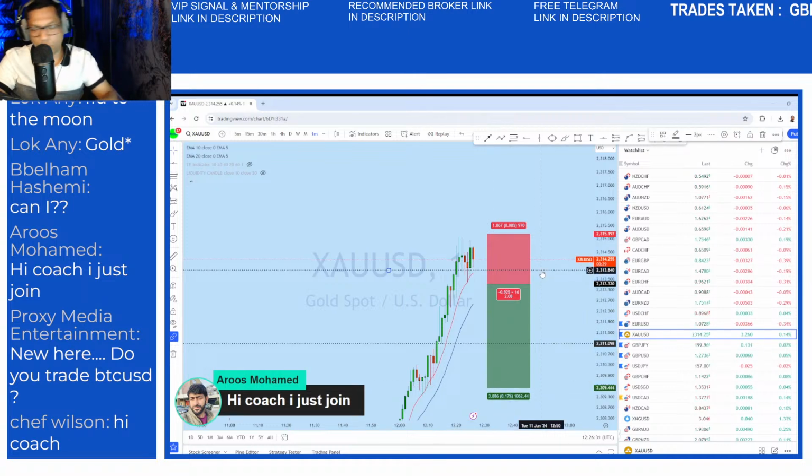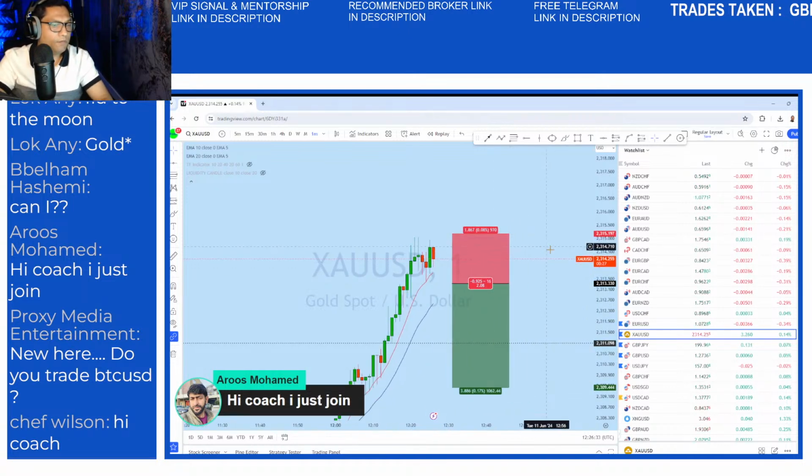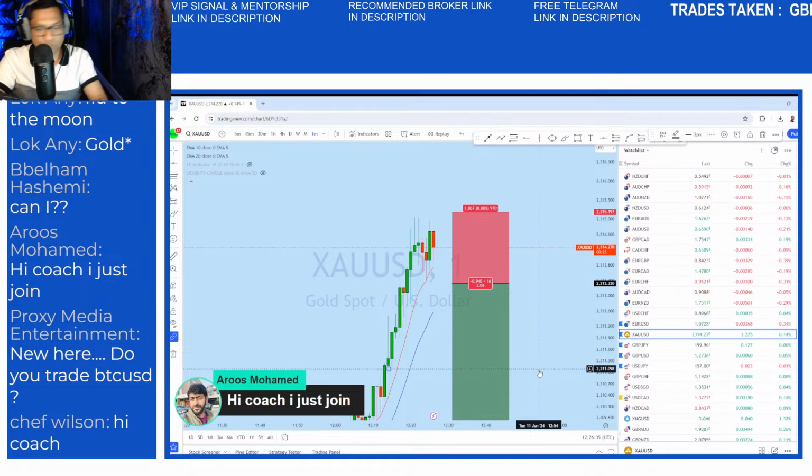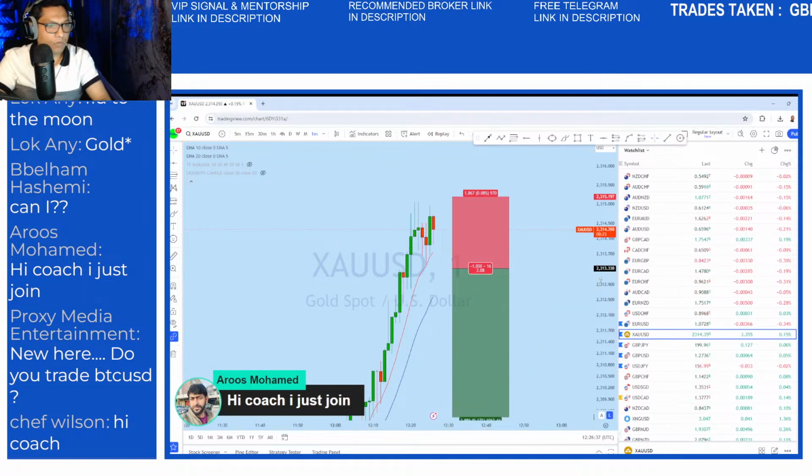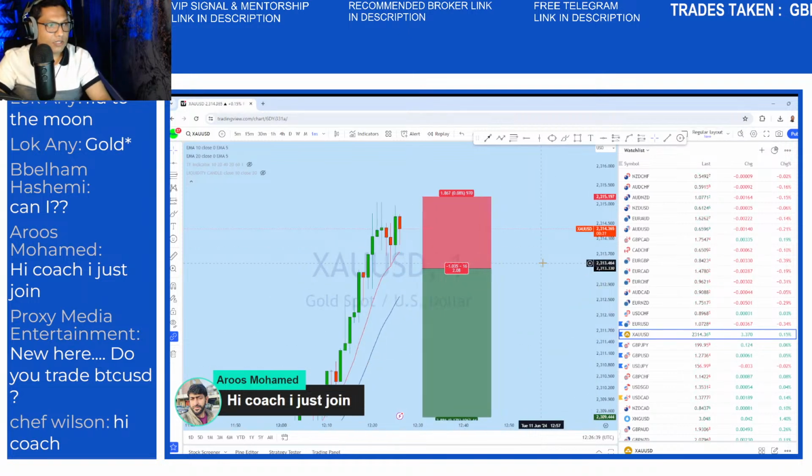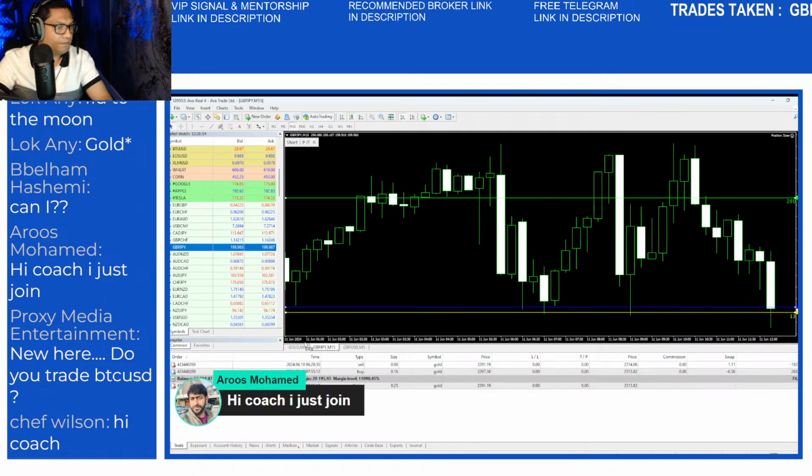Okay, we'll be putting a sell stop on gold. The sell stop we'll be putting at 2313.33. It will be a pending order sell stop with around 19 to 20 pips stop loss.